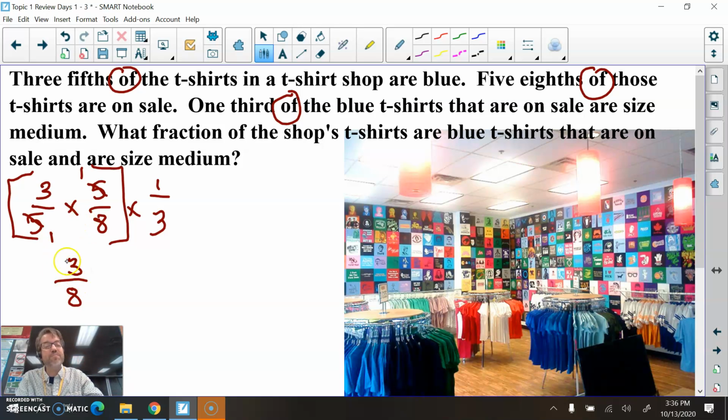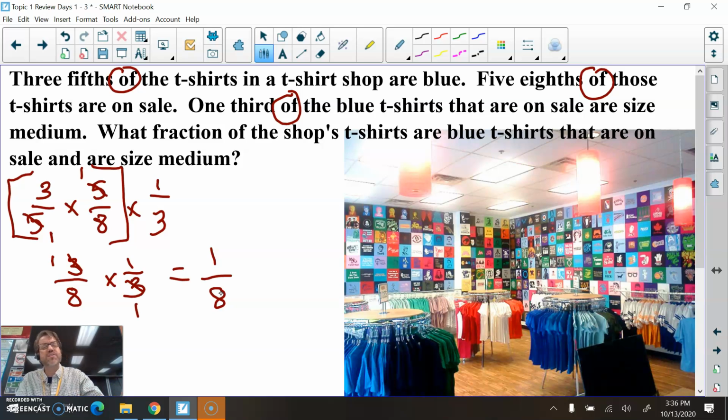Now that I have that part done, I can multiply by 1/3. And again, I can do some simplifying here. In fact, these 3's cancel out. 1 here, 1 here. And so now I have 1 times 1 is 1 over 8 times 1, which is 8. So 1/8 is my answer.